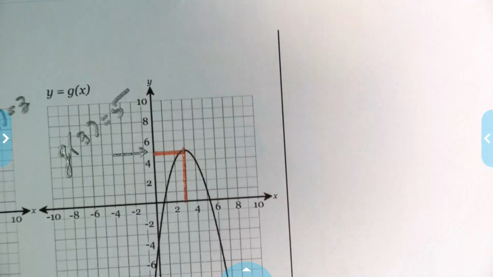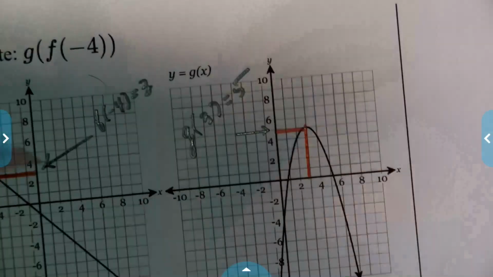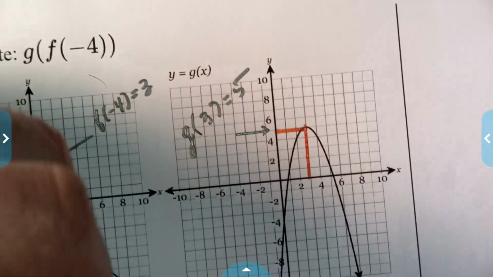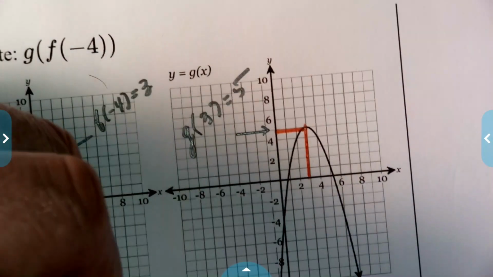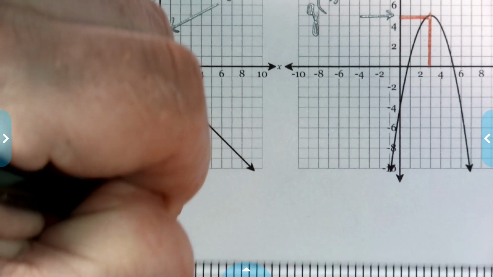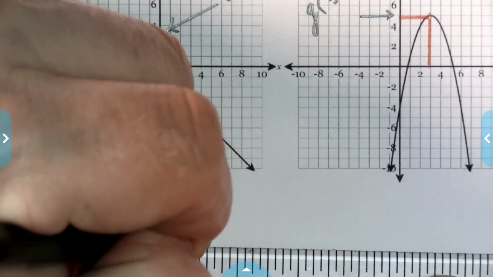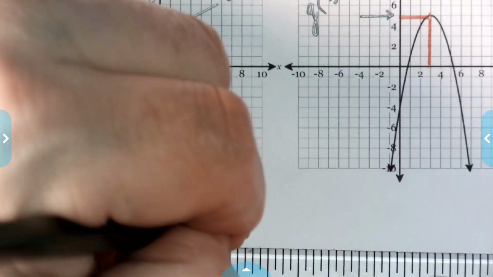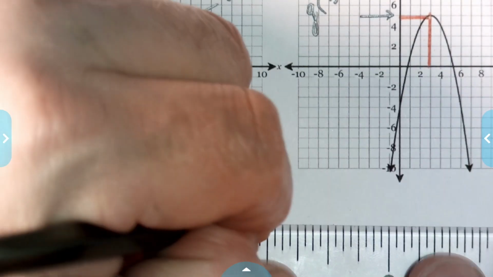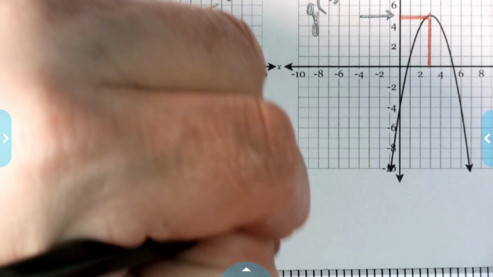But you could also say, equivalently, g of f of negative 4 equals 5.